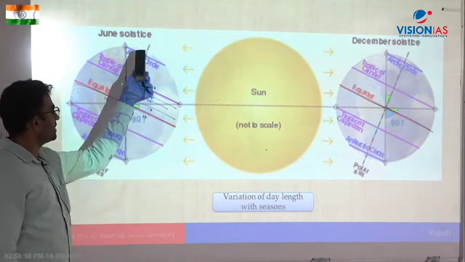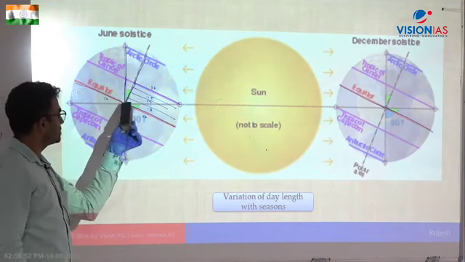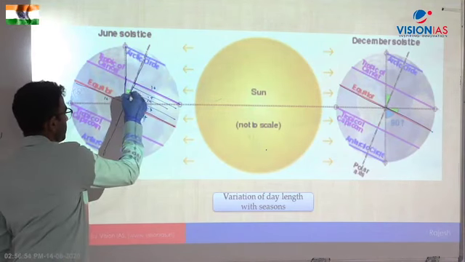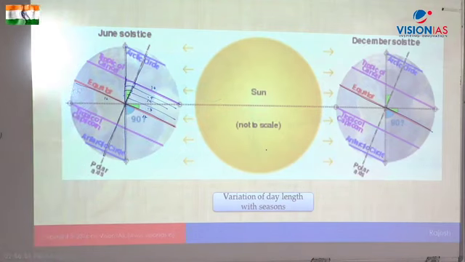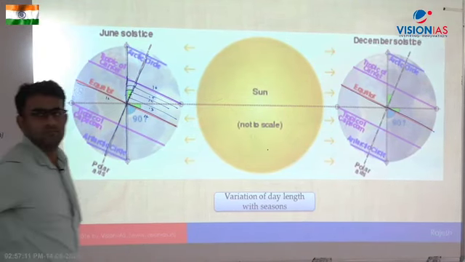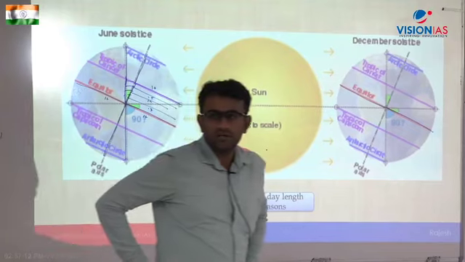Okay, it's not from the equator. That divergence would start from here, not from the equator. Okay, I hope that is clear.